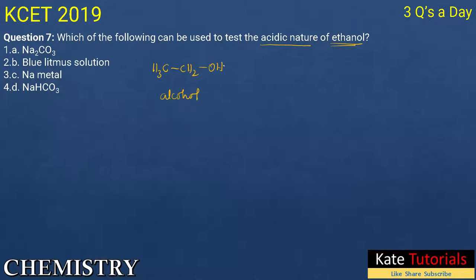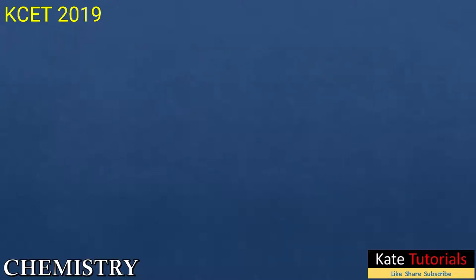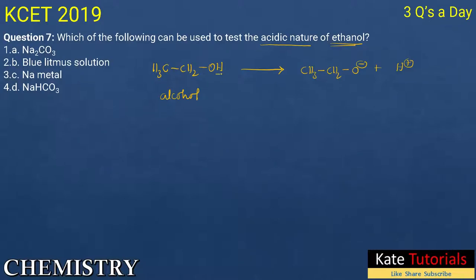So acidic nature means what? It should give this H plus, means it should convert to CH3CH2O minus and H plus. The molecule which gives H plus is called an acid. So it has to give this H plus to become an acid.